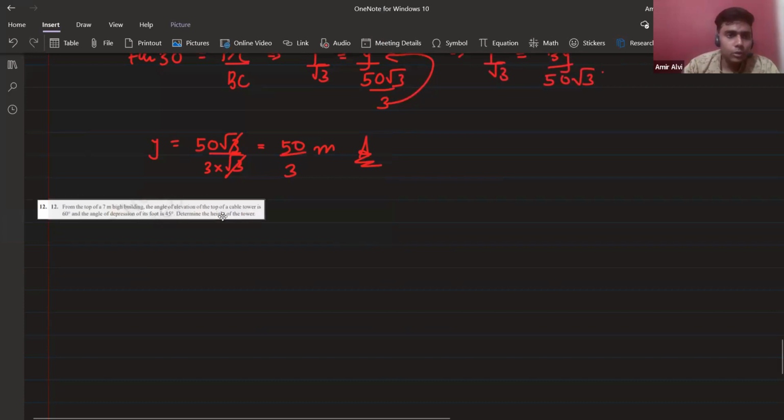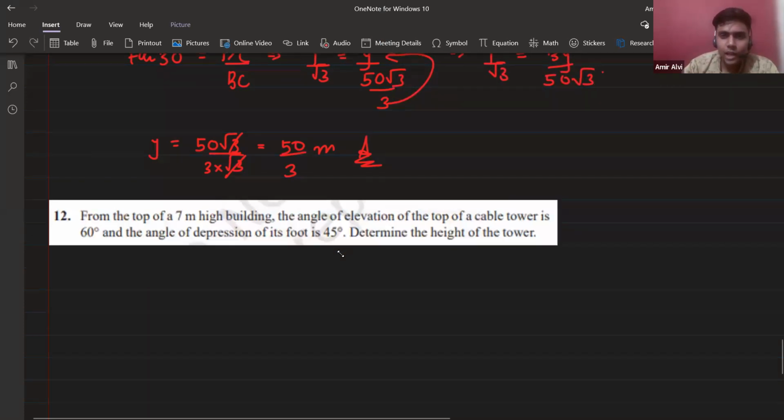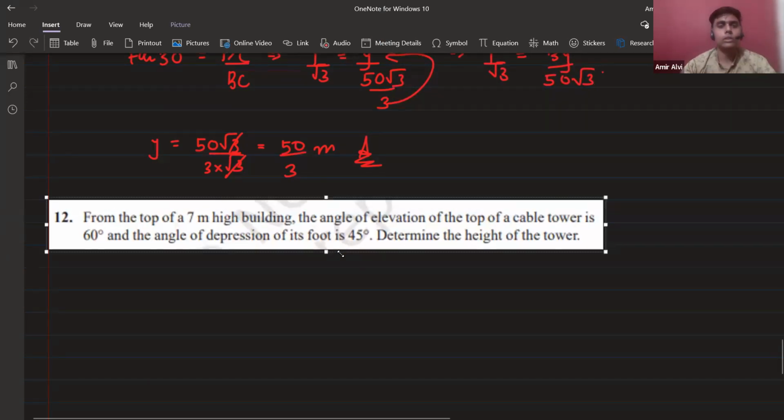Okay, so what we will do, I need half the class in the coming session for trigonometry, because a little more variety of questions from RD are left. So I will take half the class for that, and half the class we will start quadratic. Is quadratic done in this class? Yes or no, everybody?